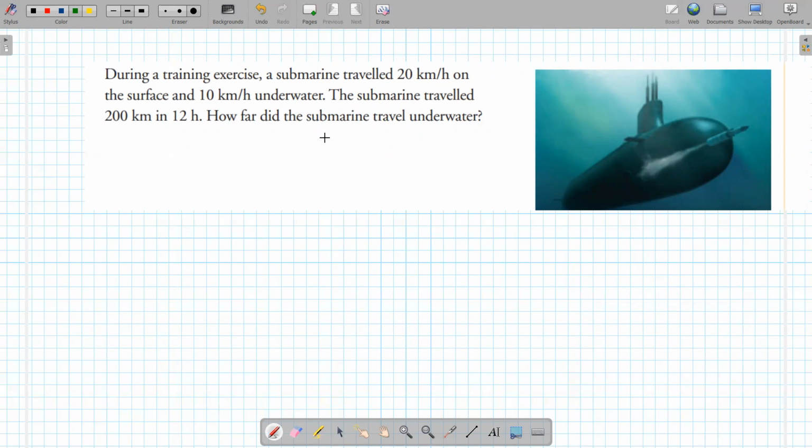What do you think x is in this case? X is always the thing that they're asking you, okay? So how far did the submarine travel, yada yada, that's our x, easy. So that means x is underwater, y is on the surface.